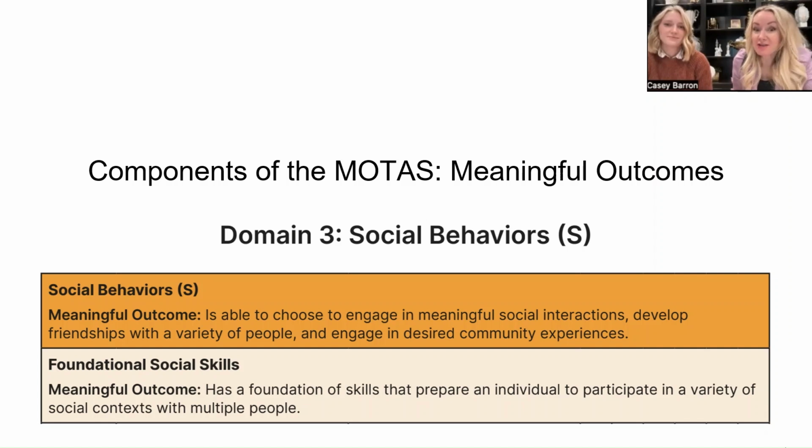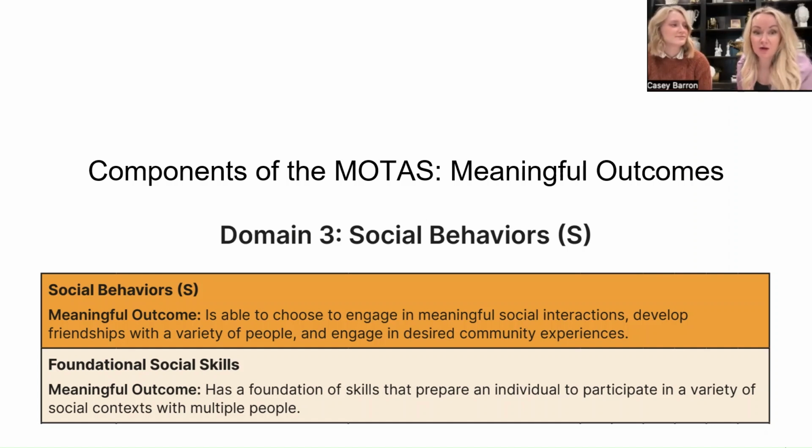So here's something that's also really great is that at the beginning of each of the domains and subdomains, they all have a meaningful outcome listed just for them. So that when you're writing your treatment plan, you can look at what is my overall objective? Why am I actually working on these goals? And you can really think about that. And is that something that is applicable to your learner?